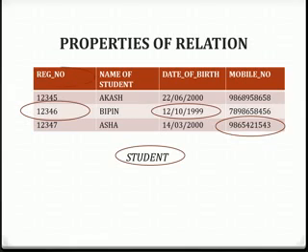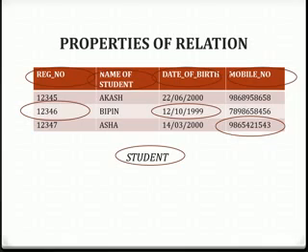Then the next property says that every attribute should have a distinct name. Registration number is the name of one attribute, name of the student is another. Registration number should be distinct. There cannot be another heading as registration number in the student table.